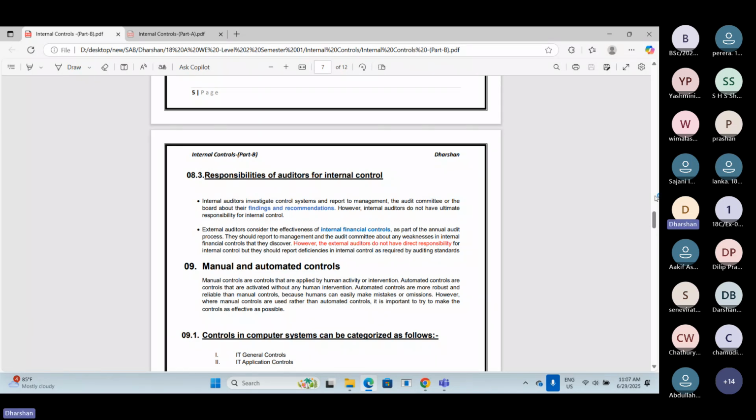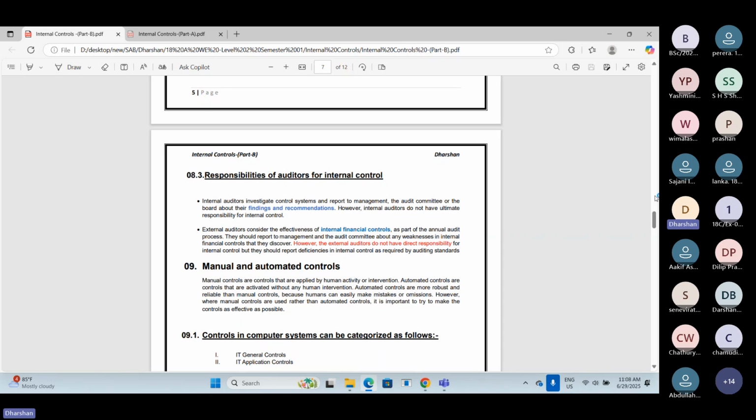On the other hand, when it comes to external auditors, anyway, detailed discussion we will have when we are discussing fundamentals of audit, your third chapter, third main content, 40% main content. At that point, I will explain in detailed manner. So here, if we take the external auditor, I will explain first, after that I will give the short notes.